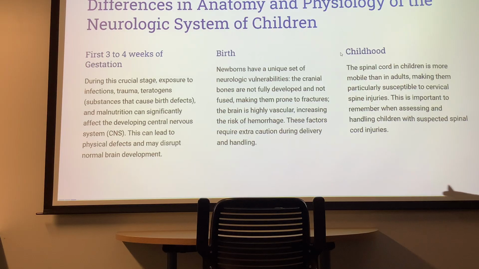So during the first 3 to 4 weeks of gestation, during this stage, it's really crucial that they're not exposed to any sort of toxins or teratogens, so those things that cause birth defects, right? It was just funny because most of them don't even know they're pregnant. Exactly, right? This is why it's a problem, because the neural tube starts to develop so early on.